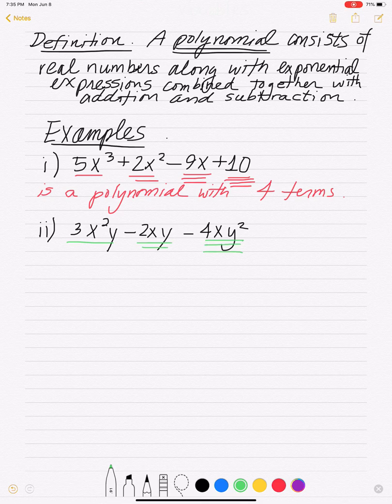Your first term is an x squared y term, your second term is an xy term, and your third term is an xy squared term. This is a polynomial with three terms. When you have three terms in a polynomial, we give this a specific name called a trinomial.